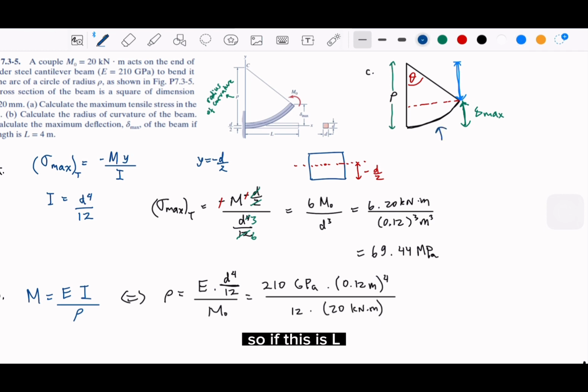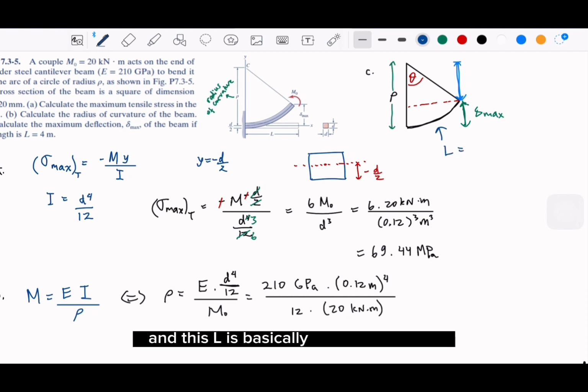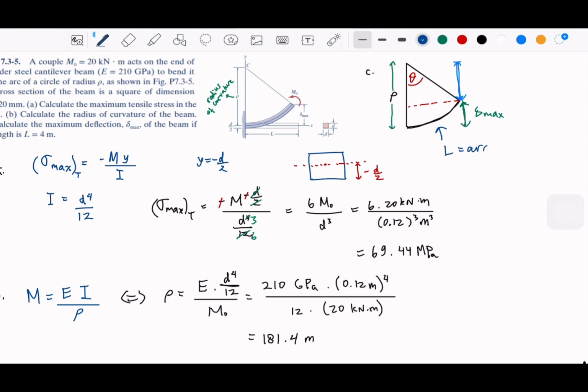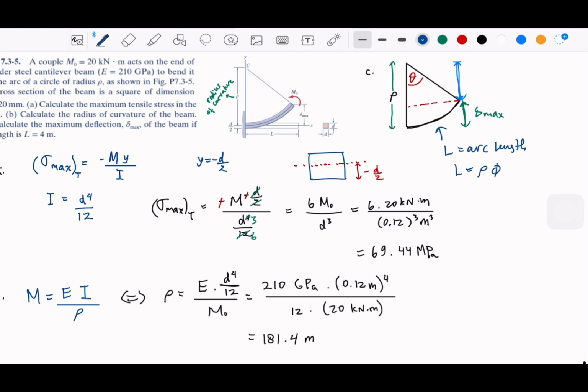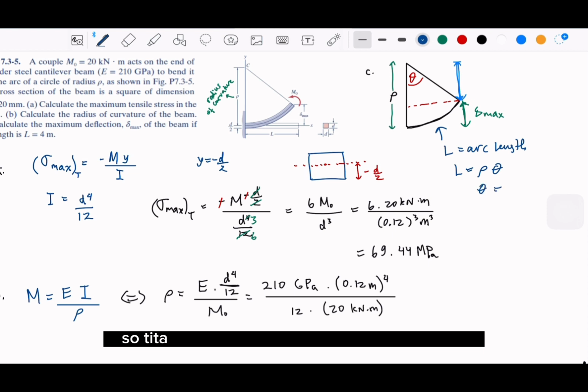If this is L, and this L is based on the arc, then L will be rho multiplied with theta. So theta is L over rho.